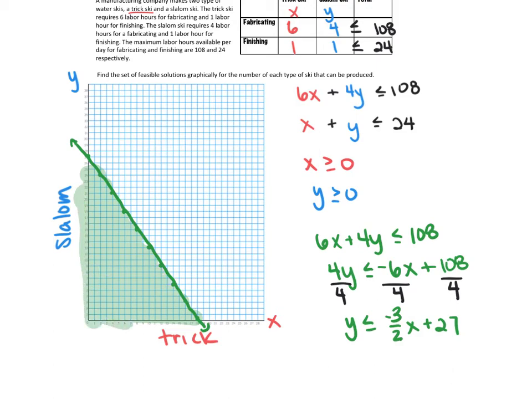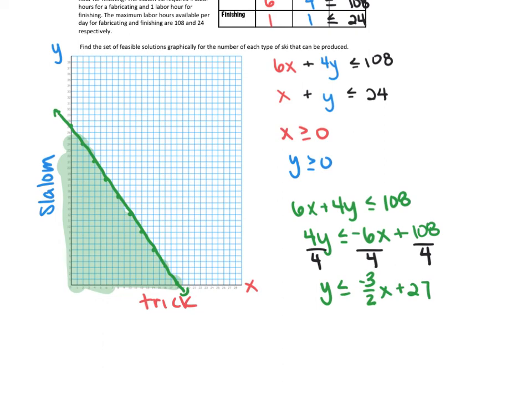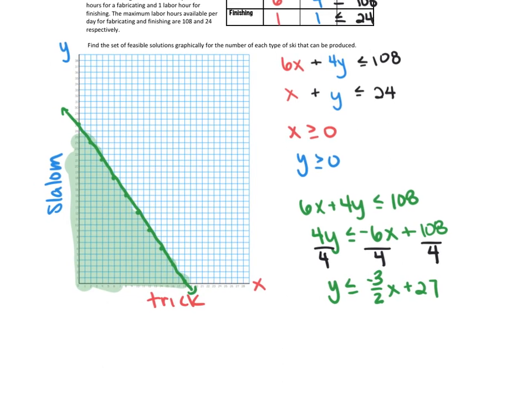So when I look at my next one, x plus y is less than or equal to 24, which is just y is less than or equal to negative x plus 24. So plot 24, down 1 over 1.